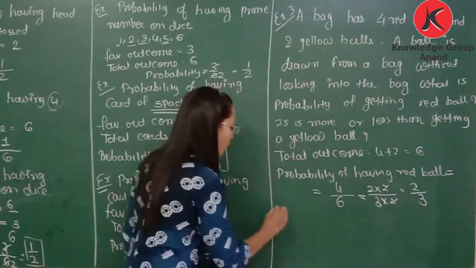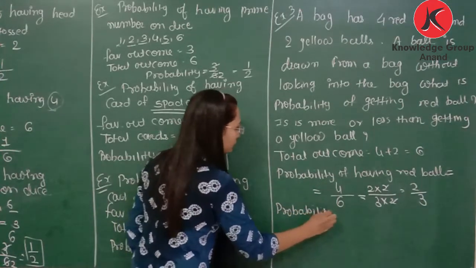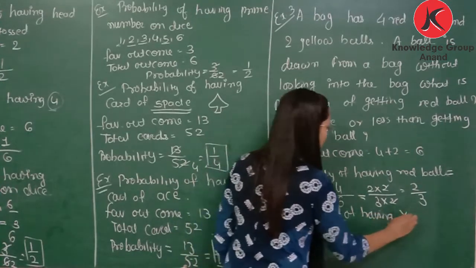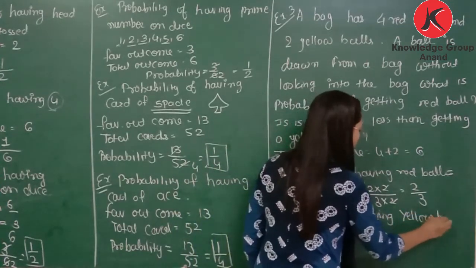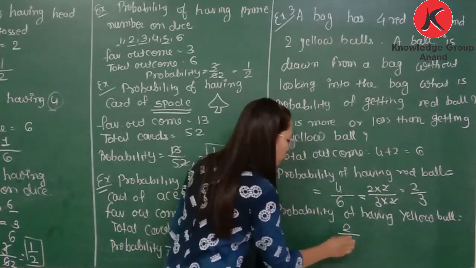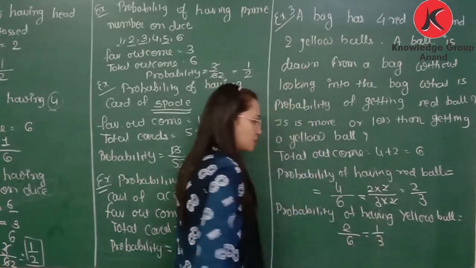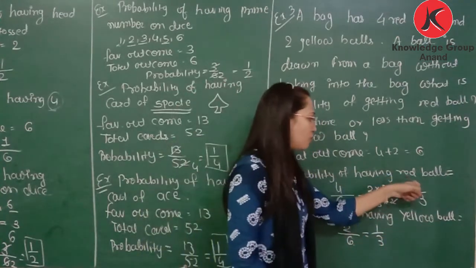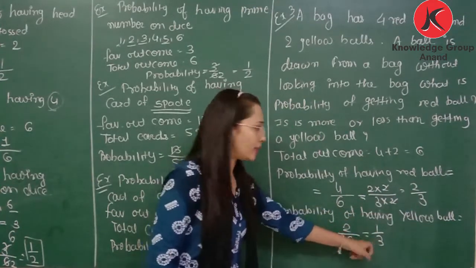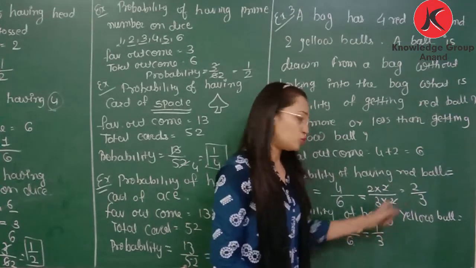Same way we can find the probability of having a yellow ball. Total yellow balls are 2 and total balls we have 6, that is 1 by 3. 2 3s are 6. So here the probability of a red ball is 2 by 3 and the probability of having a yellow ball is 1 by 3. Now compare these fractions. Is 2 by 3 greater or 1 by 3? 2 by 3 is greater.